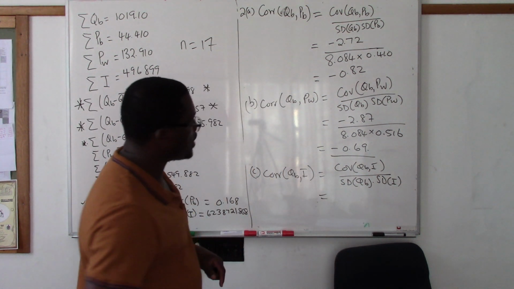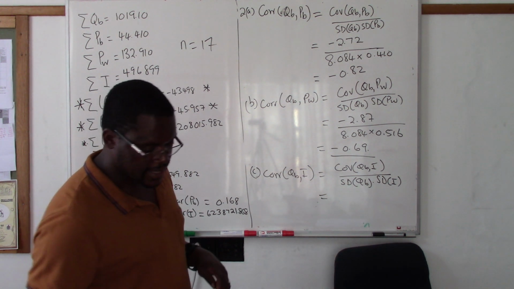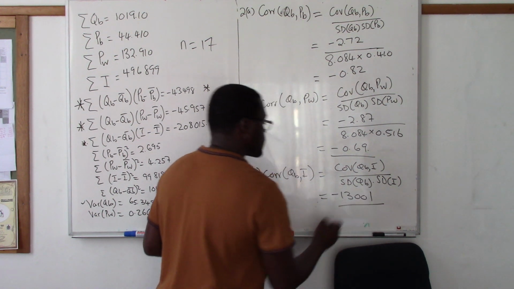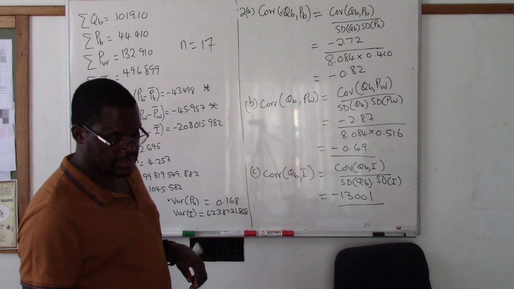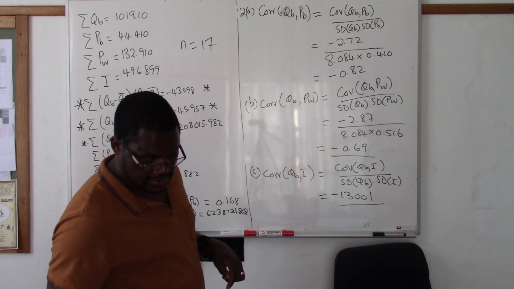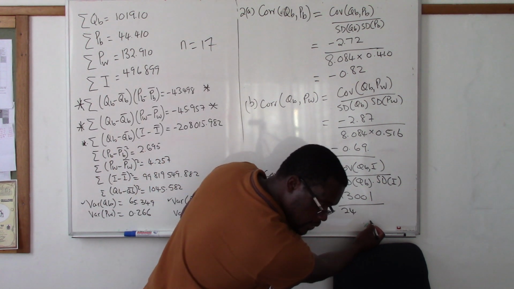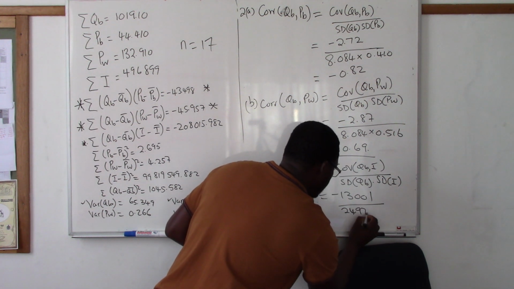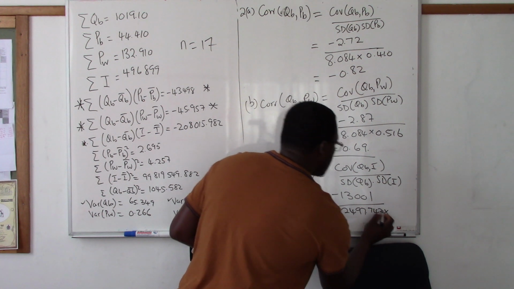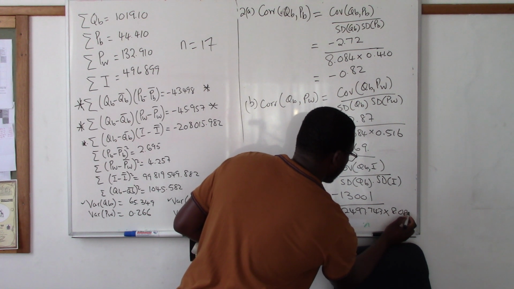I think the covariance was minus 13,001, and we are dividing that by the standard deviation of income, which is 2497.743, by 8.084.